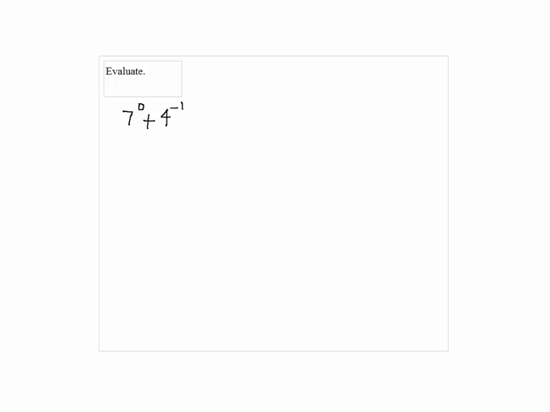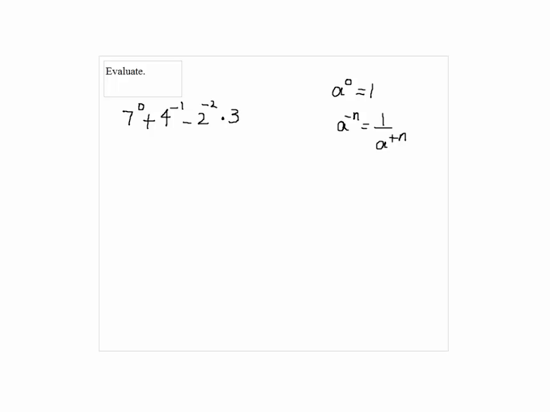Evaluate 7 to the power of 0 plus 4 to the power of minus 1 minus 2 to the power of minus 2 times 3. Recall a to the power of 0 is equal to 1.